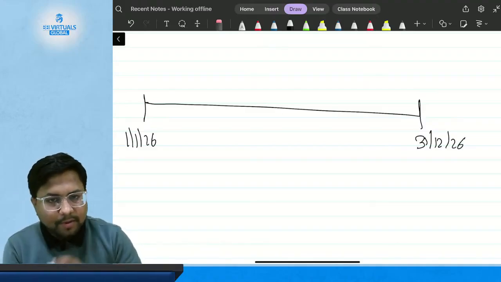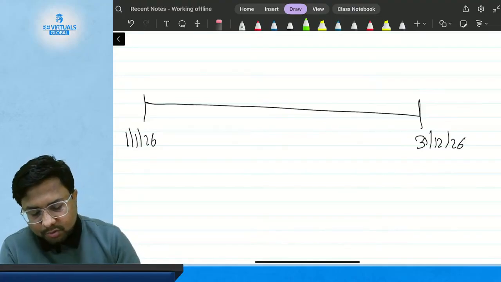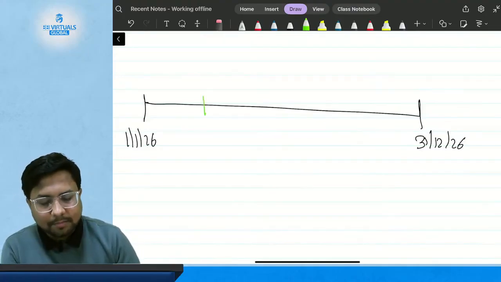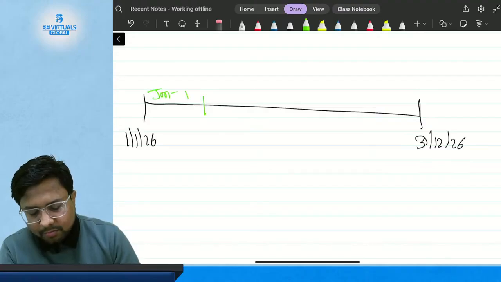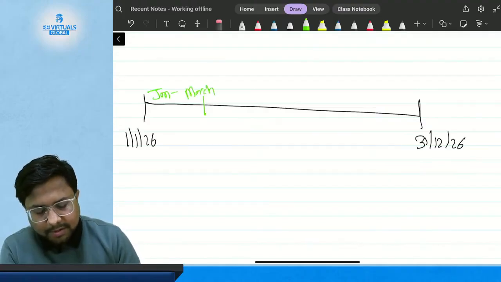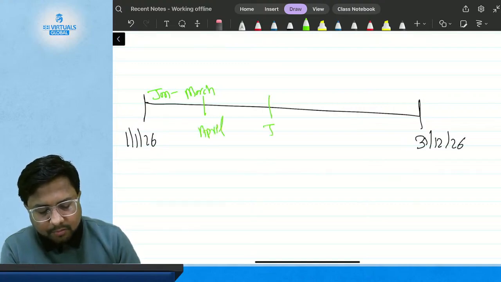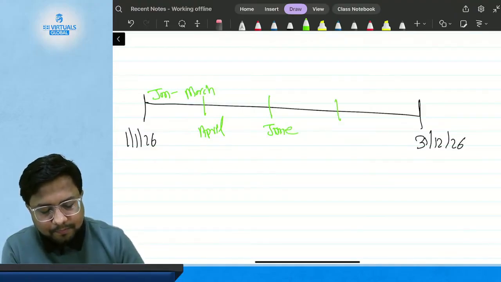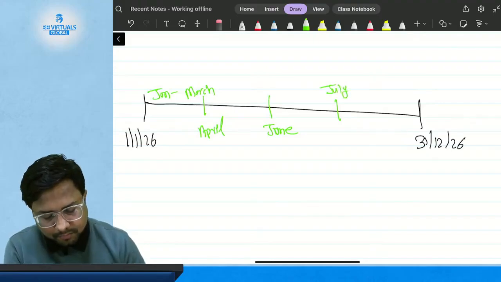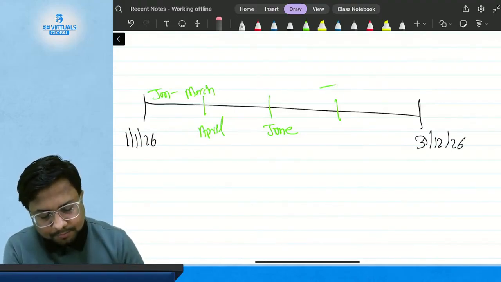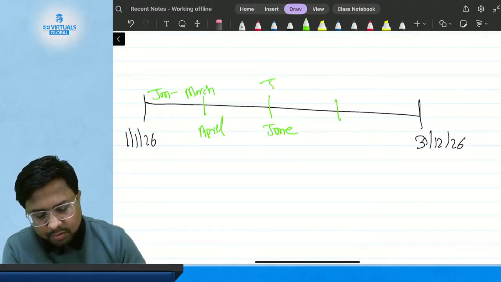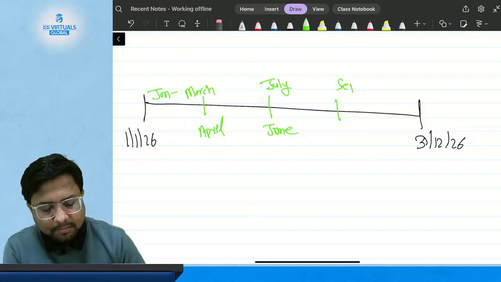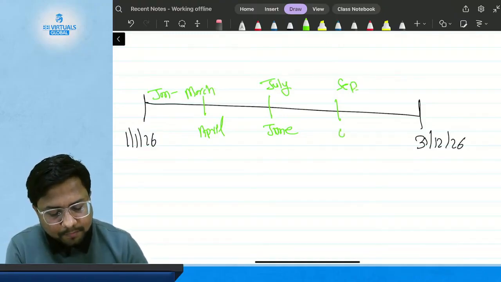Even if you divide your year into quarters, my first quarter will be 3 months, January to March. My second quarter will be April to June. My third quarter will be July to September, and my fourth quarter will be October to December.